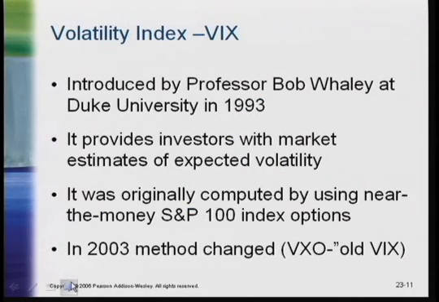There's now a volatility index that was introduced in 1993 by Professor Bob Whaley from Duke. This provides investors with market estimates of expected volatility. In other words, this VIX index actually is an investable contract where investors can go long or short volatility, and it has payoffs based on the actual volatility versus the volatility embedded in the contract.